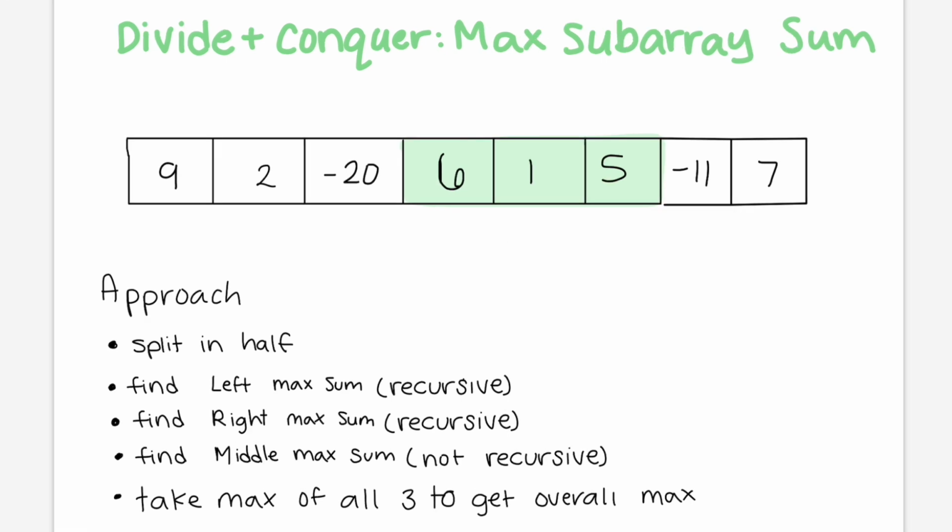So before I even get into how the divide and conquer algorithm approach works, I just also want to point out you could do a naive approach, which is to calculate every single subarray sum and then compare which is the largest. And that is actually going to be O of n squared time because you're going to do a double for loop.